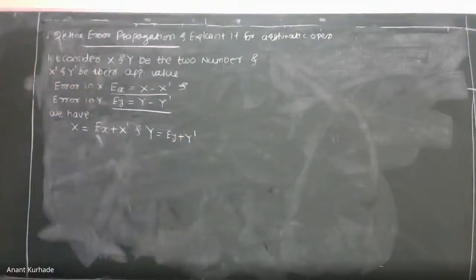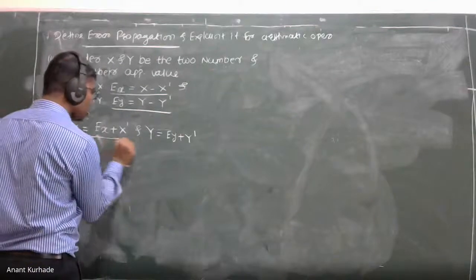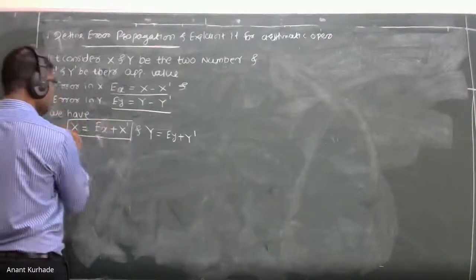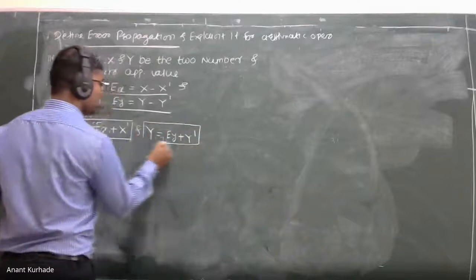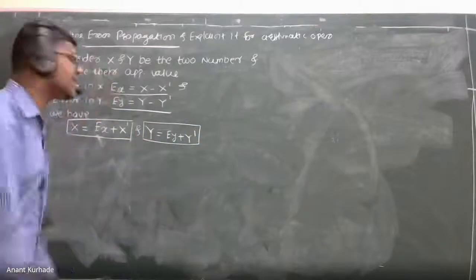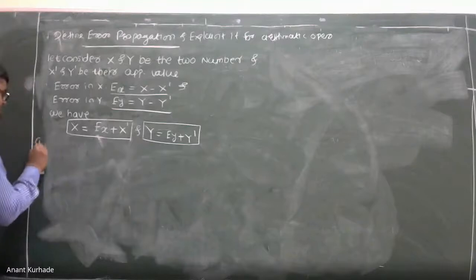Is it right? Now we have these two numbers. You can perform the first operation, that is, first you can show addition.